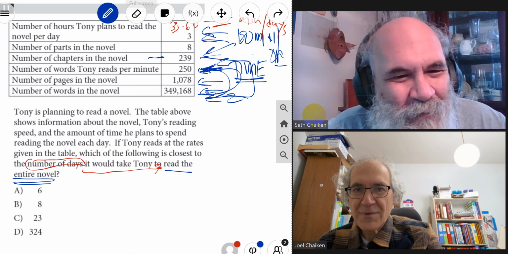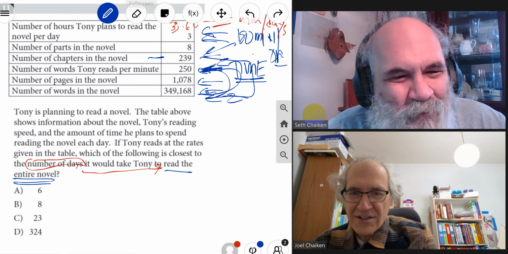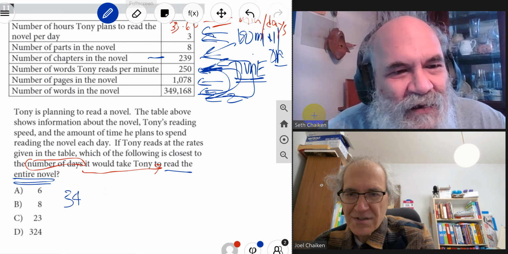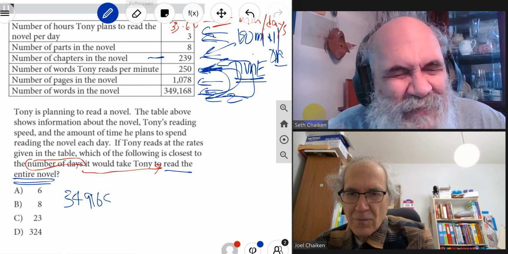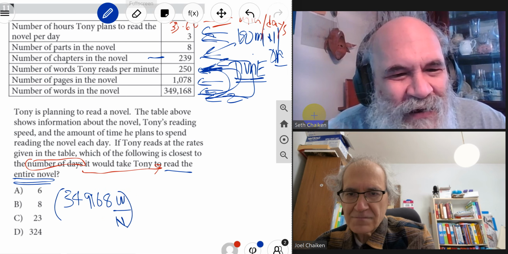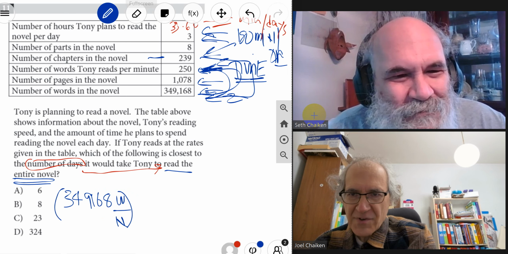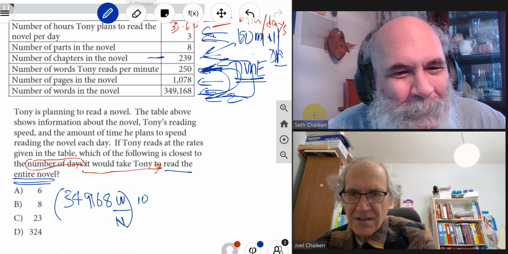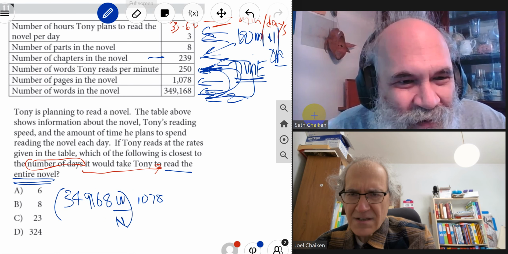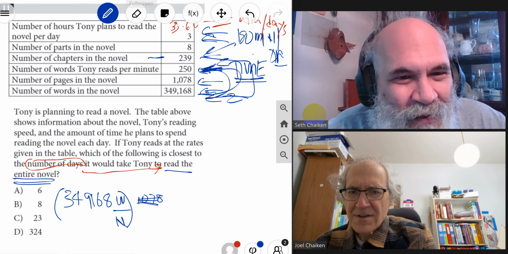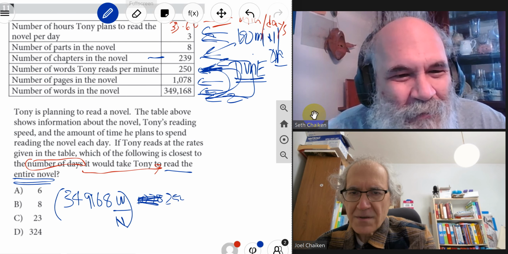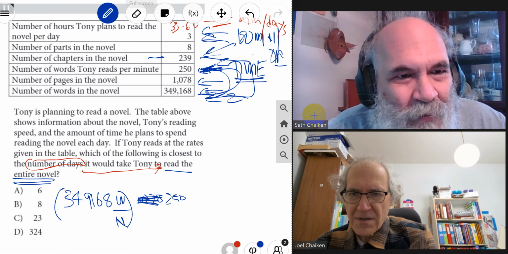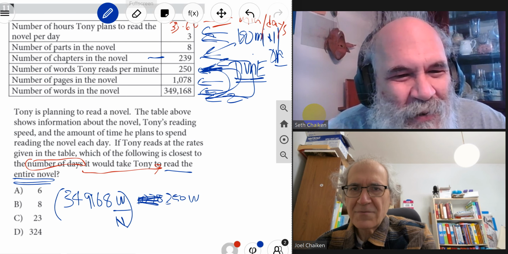Okay, we'll put the real units in. We'll really do it right, like a Rolls Royce here. 349,168 words per novel. Now, number of pages in the novel, 1078. No, that's not right. 250 words. No, we need the other way.